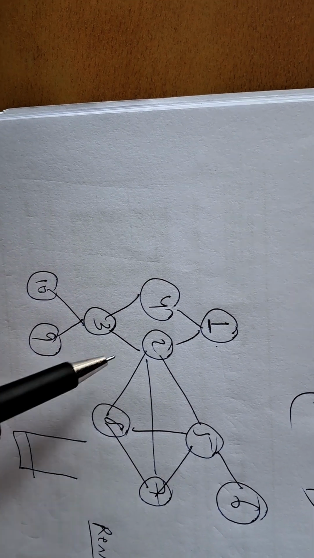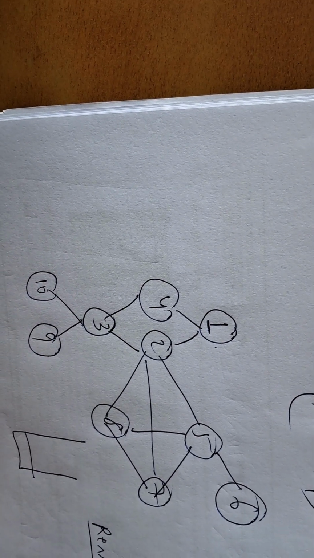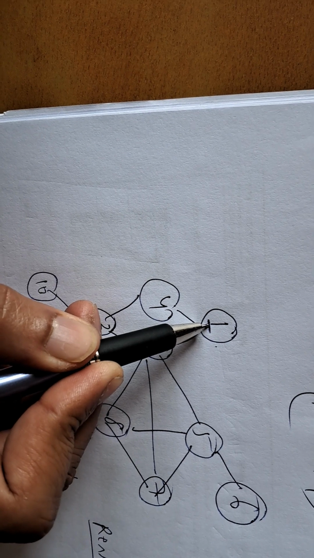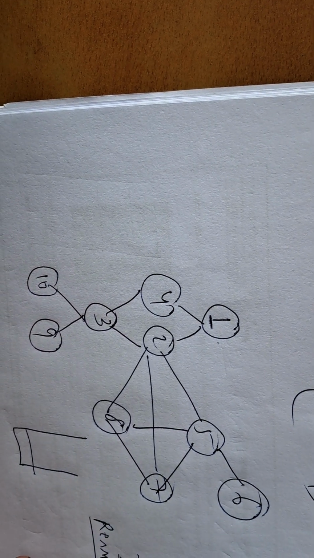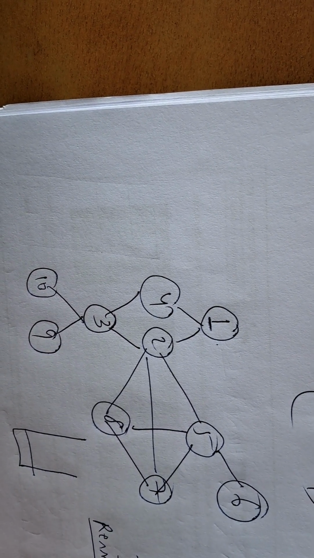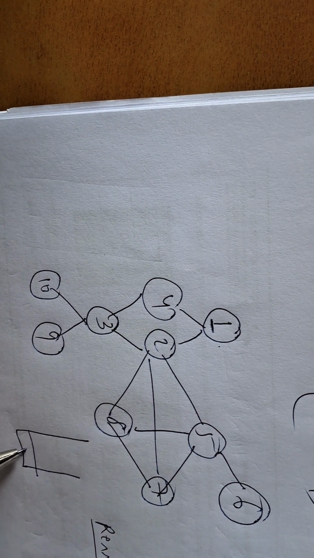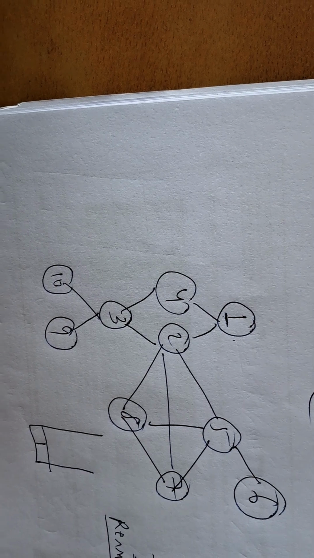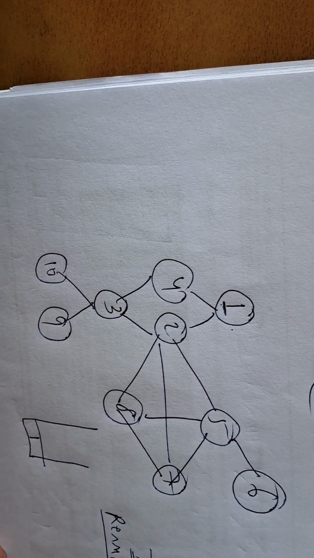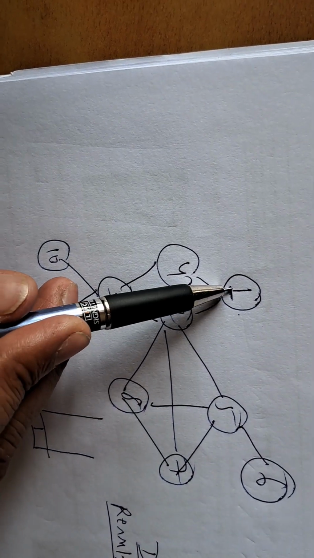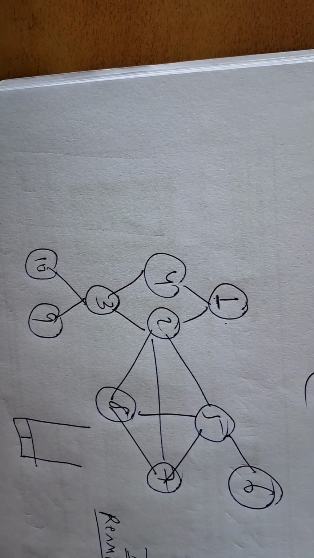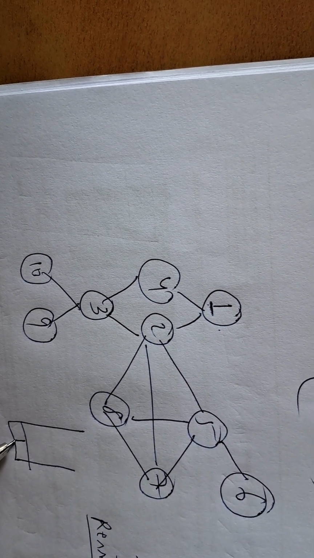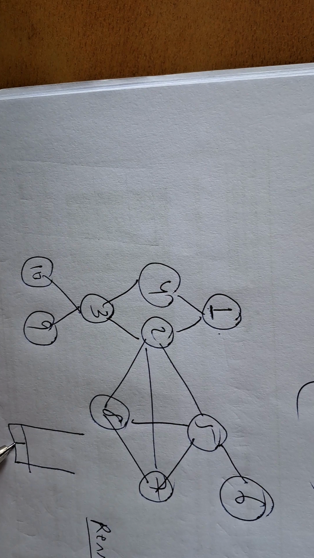You can start from any other also, 2, 4, anywhere. But the strategy is that you simply visit the vertex, write its result here, and then push that particular vertex into your stack. So these are the two things you should try to understand. I visited 1, wrote my output result, and pushed that node into the stack.